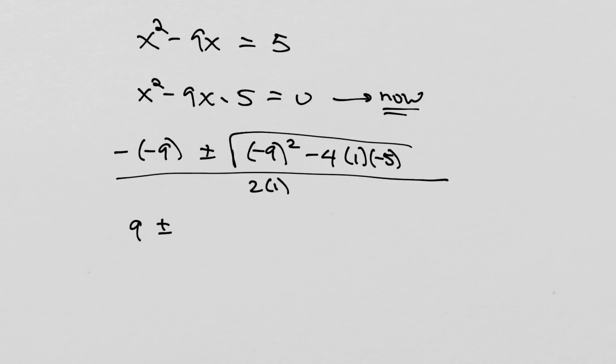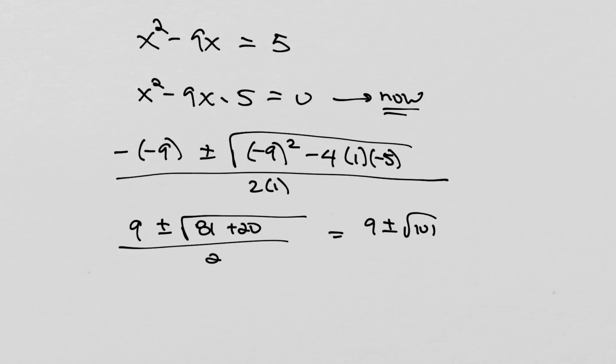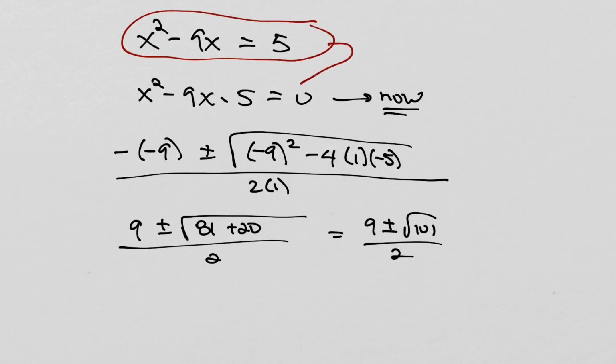So that's just 9 plus or minus the square root of 81 plus 20, which gives me 9 plus or minus the square root of 101 over 2. So remember, if you're given a quadratic equation that's not set equal to 0, set it equal to 0 first, and then you can apply your quadratic formula.